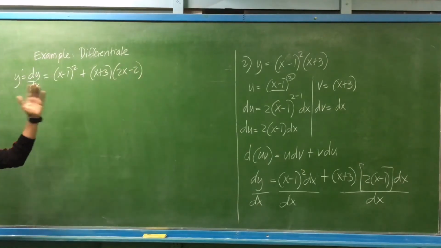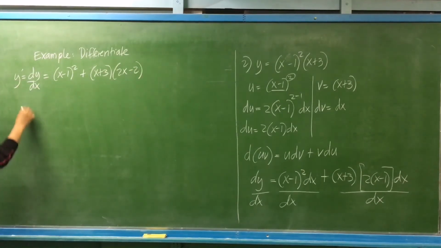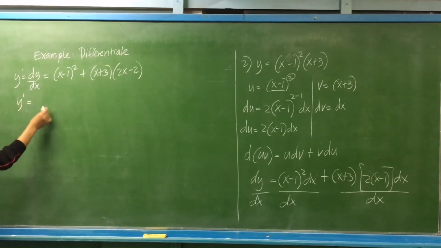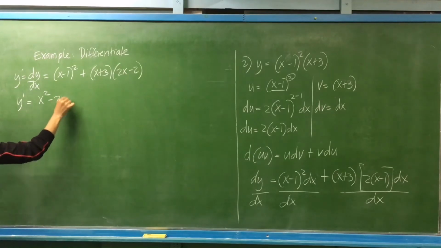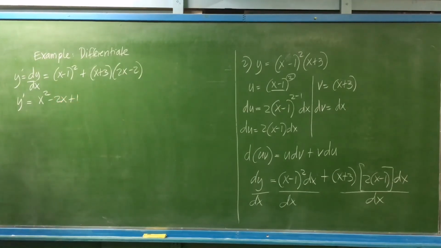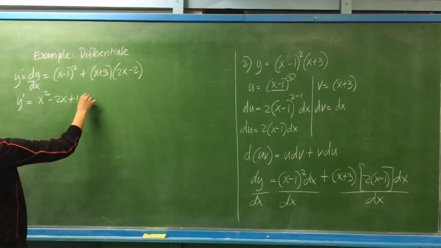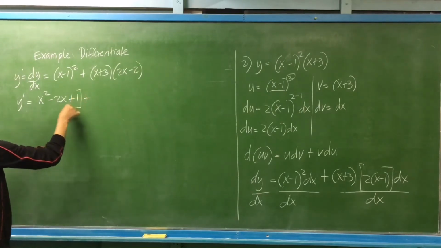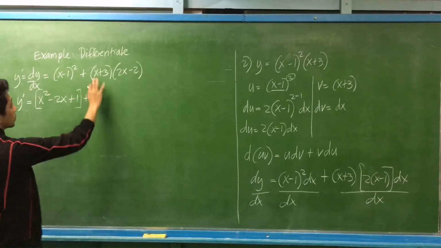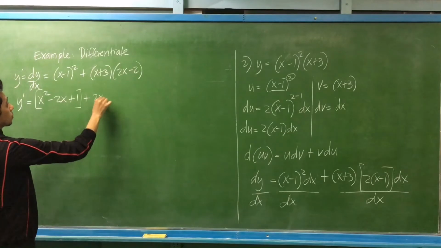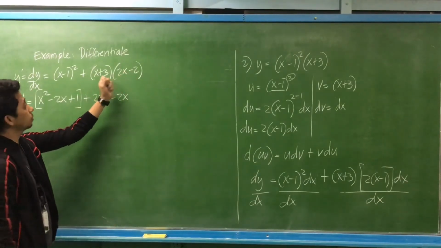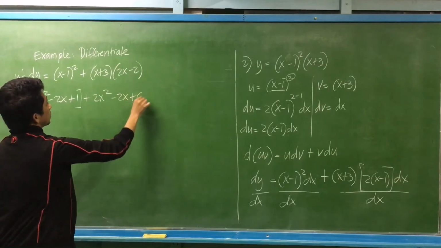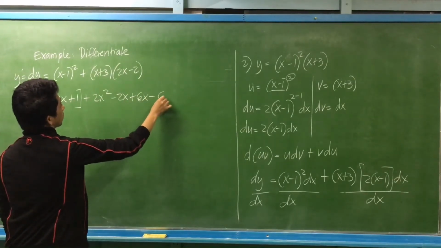Then we may further simplify. So we have y prime is now equal to x squared minus 2x plus 1, then plus, this is x times 2x, we have 2x squared, minus 2x, that is x times negative 2, plus 6x minus 6.